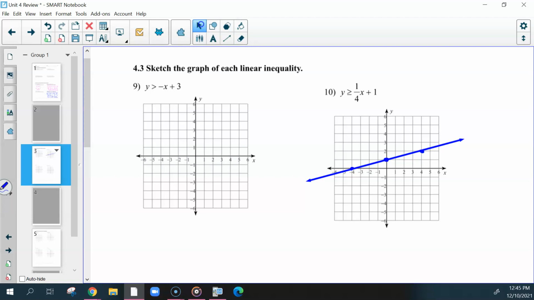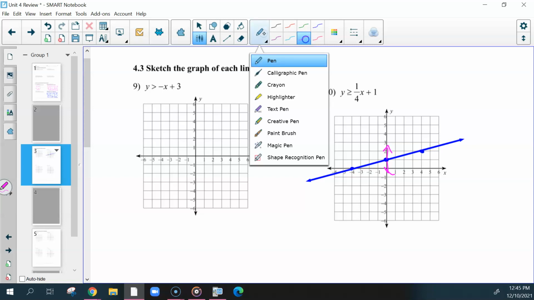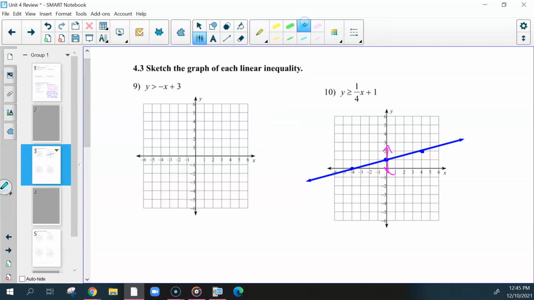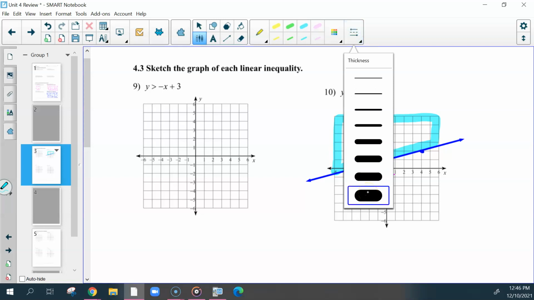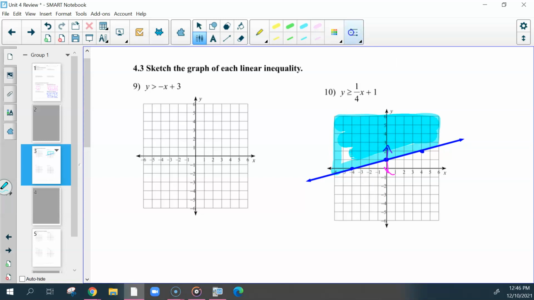If it wasn't equal to, it would just be dashed. And then this would be shaded above or below this line. Above, because it's greater than. If you're not sure, draw an arrow from the y-intercept, up and down. Down would be below, up would be above. So above would be up here, this area right here.